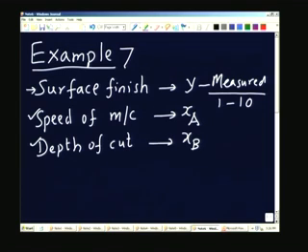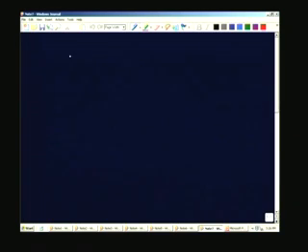So, I am going to look at the surface finish, speed of machine, depth of cut, and make a tabulation of the results of the experiment. So, the results of the experiments are tabulated in the following way. So, I have -1, +1, or in the terminology I am going to just say minus and plus for the speed of the machine. This is x a.